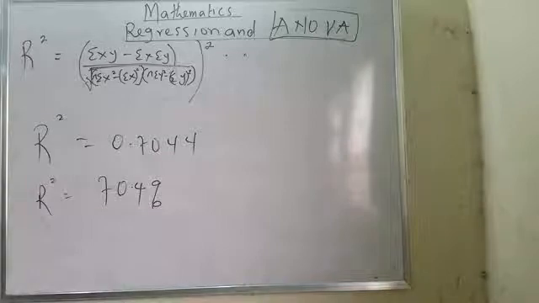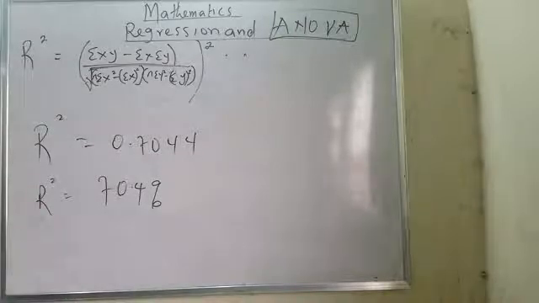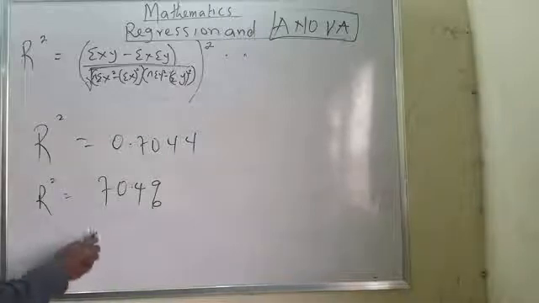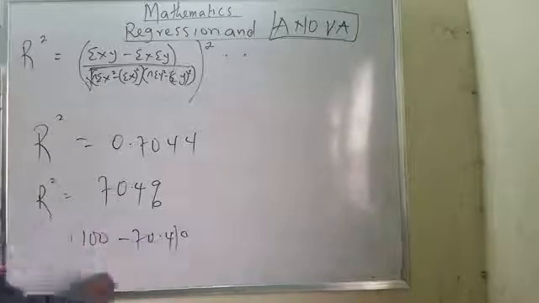After that, you can now say the coefficient of determination is 70% of the variable, which can be independent or dependent. Then you move to 100 minus 70.4, all in percent.